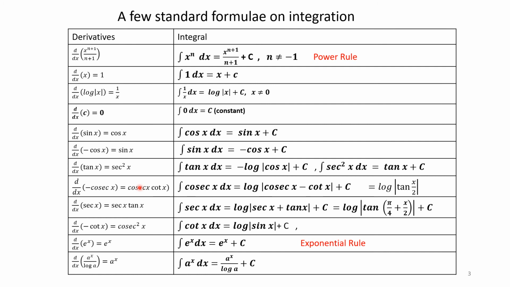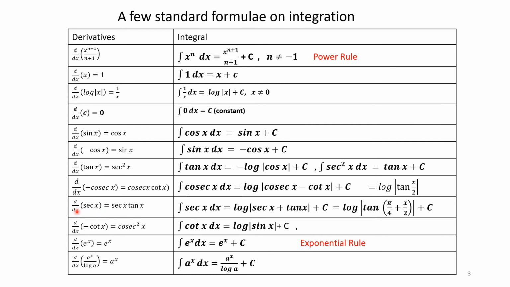Then the next term is cosecant x. d by dx of minus cosecant x is equal to cosecant x cot x. That we have studied. So integral of cosecant x dx is equal to log of mod cosecant x minus cot x plus c. That is also simplified as log of tan x by 2.